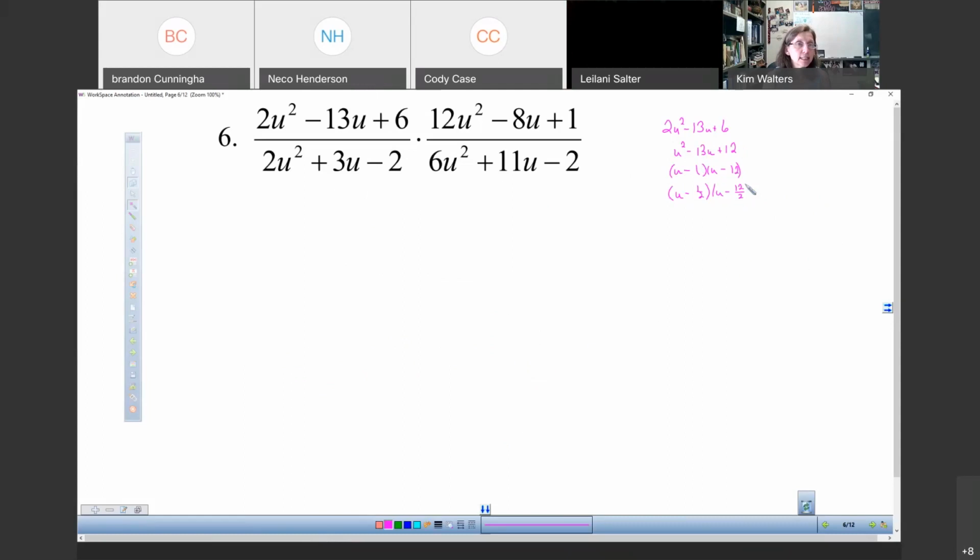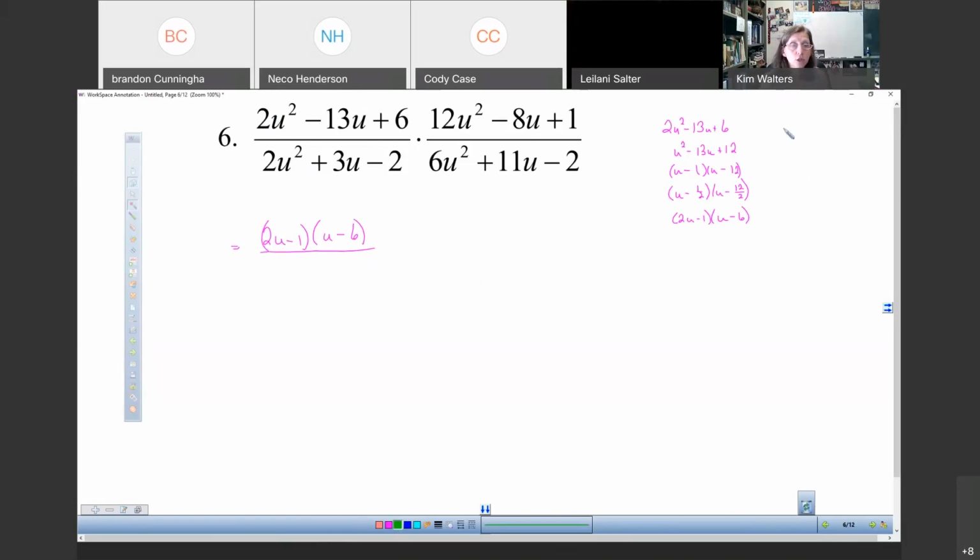I want you to see this dividing by 2. My second factor is going to become u minus 6, and my first factor is going to be 2u minus 1, okay? So in this first piece, this is going to factor to 2u minus 1 times u minus 6. That's just the first factor in the numerator, okay?